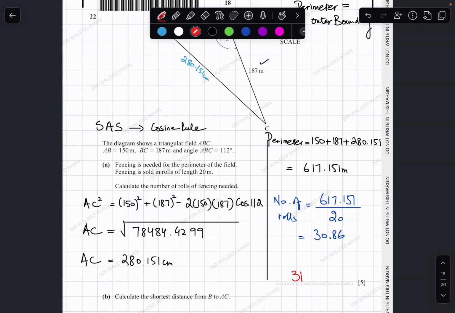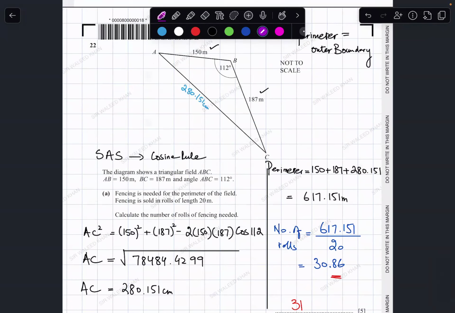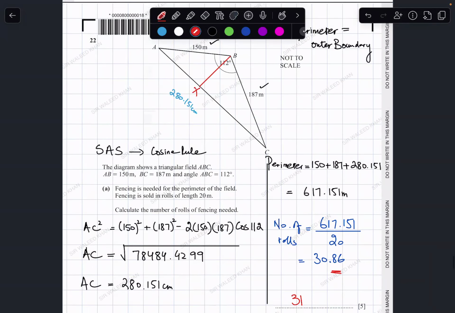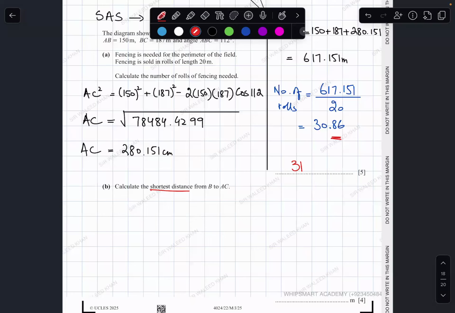Calculate the shortest distance from B to AC. The shortest distance from B to AC, shortest distance is always the perpendicular distance from B to AC. Let's say this point is X. Okay. So shortest distance is always the perpendicular distance. What is perpendicular distance?